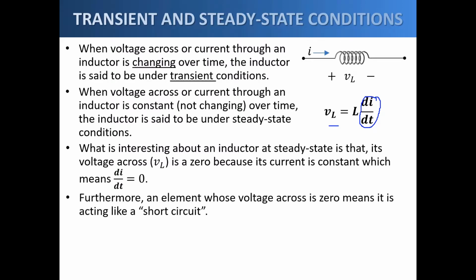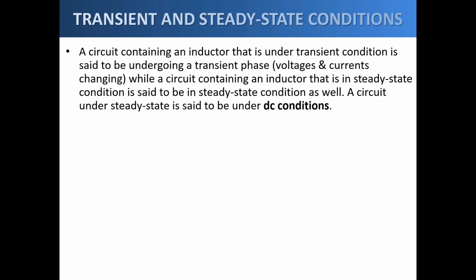Now we know that if an element has zero voltage, that means that it is like a short circuit. A circuit containing an inductor that is undergoing changes is said to be in a transient state itself. That means the voltages and currents keep changing, while a circuit containing an inductor that is in steady state is said to be in a steady state condition as well.